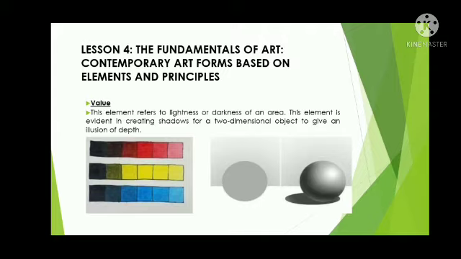Next, we have value. This element refers to the lightness or darkness of an area. This element is also evident in creating shadows for a 2-dimensional object to give an illusion of depth. So value defines how light or dark a given color or hue can be.